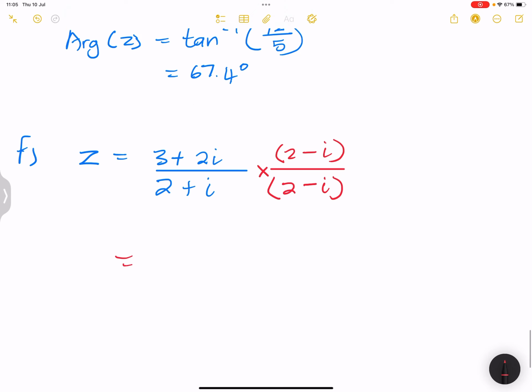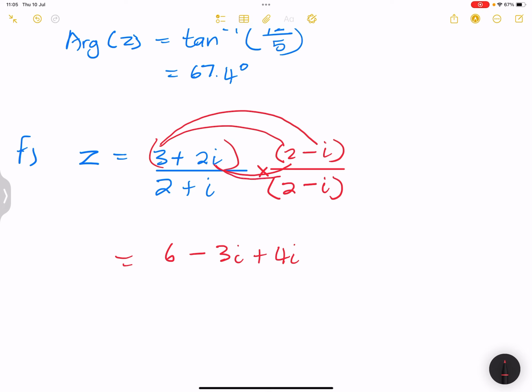So let's multiply. So 3 times 2, this gives me 6. 3 times negative i, that's minus 3i. That's 2i multiplied by 2. That gives me 4i. And finally, that gives me 2i times negative i.